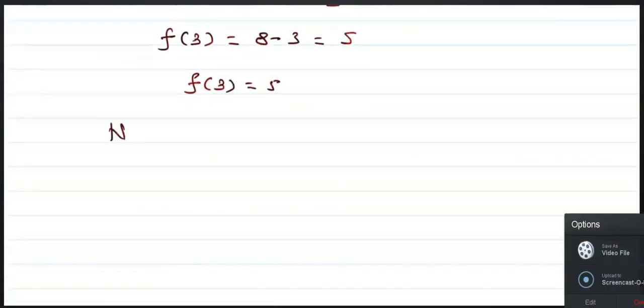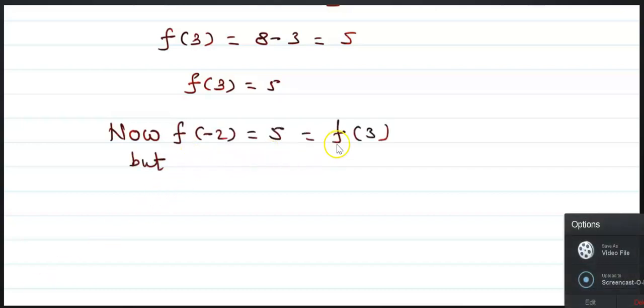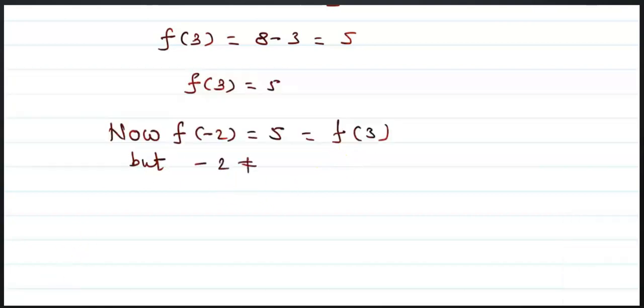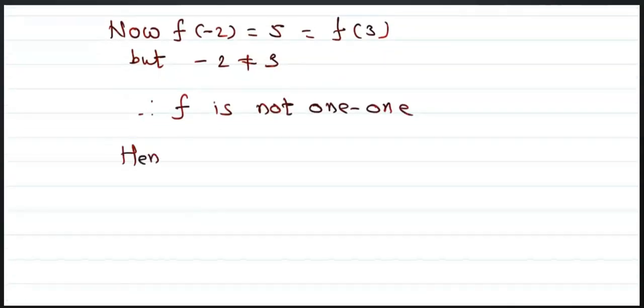Now f of minus 2 has the image 5 and f of 3 is also 5. Therefore, minus 2 is not equal to 3, and f is not one-one, and hence f inverse does not exist.